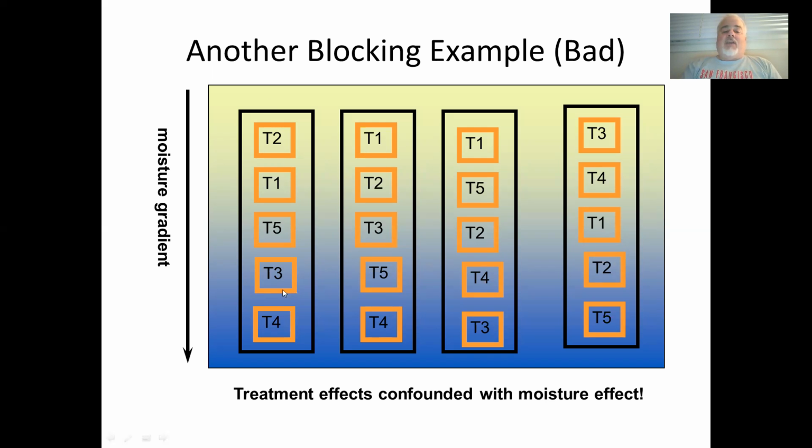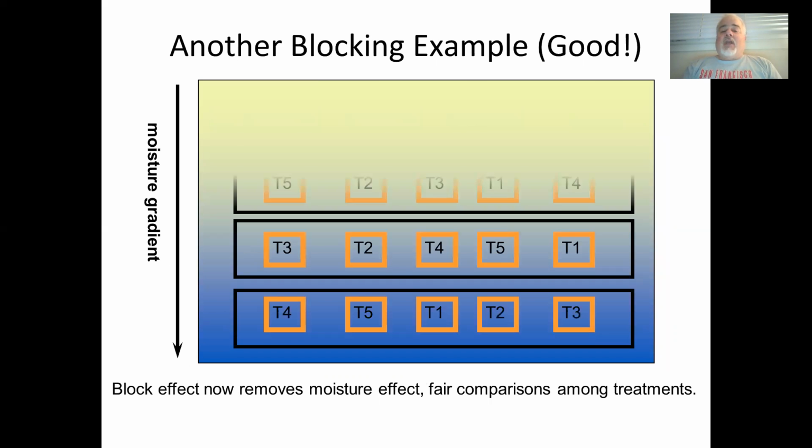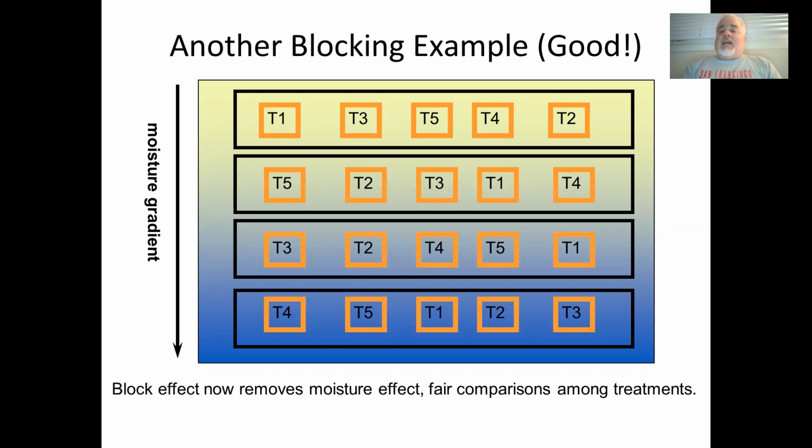I've got dry areas and wet areas, and all of my moisture effects are confounded in the blocks, or mixed up in my blocks. However, if I lay out my experimental design with my blocks laid out perpendicular to the identifiable environmental gradient, in this case, the identifiable moisture effect, or top of the field versus the bottom of the field, now this top block, block 1, is all at the top of the field.